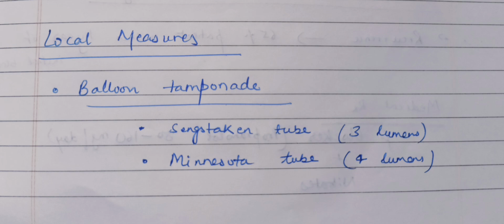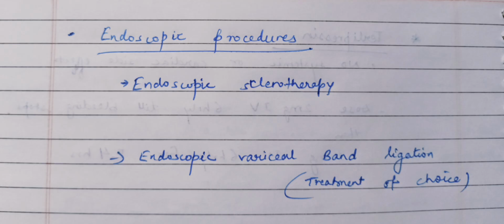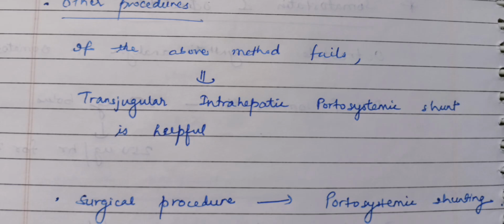If all of these procedures are not working, then we can go for transjugular intrahepatic portosystemic shunt or portosystemic shunt surgeries, right? But the treatment of choice remains endoscopic variceal band ligation only. If it fails, then we can go for portosystemic shunt surgeries and TIPS, right?